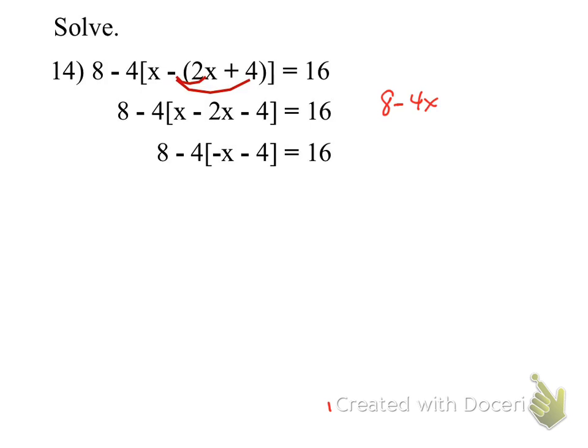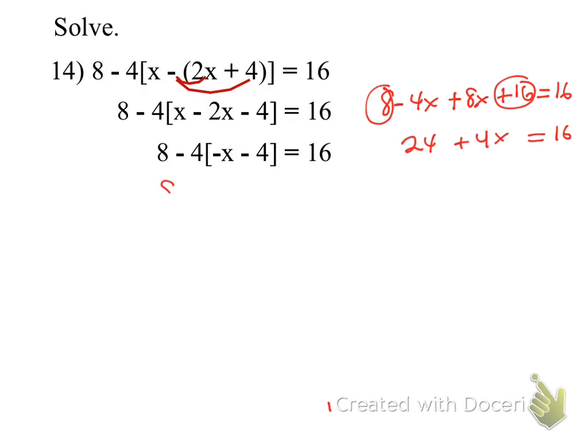You distributed it in, right? Minus 8x, plus 8x, and then plus 16. Plus 16 equals 16. And then you combine like terms. 8 plus 16 is 24, and then we have plus 4x equals 16.